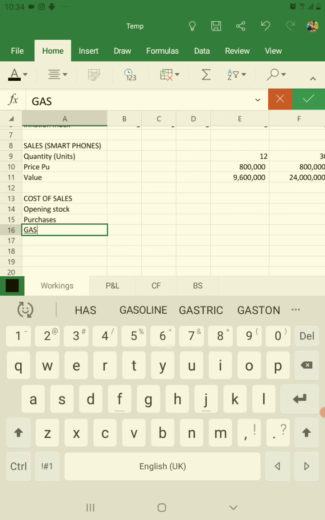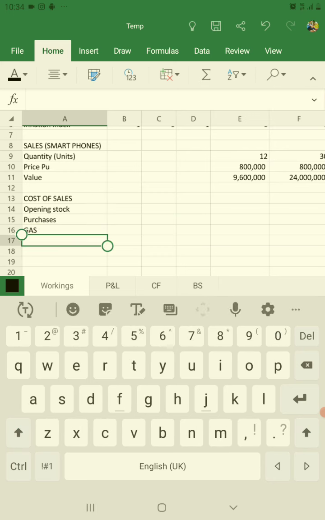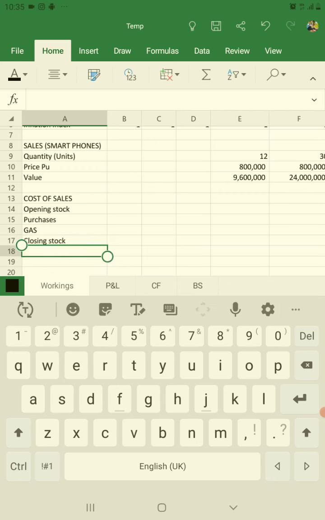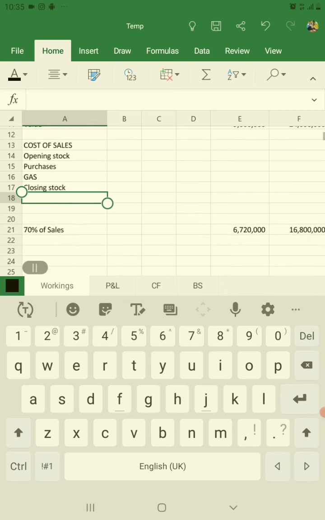And here I will put closing stock, and then after closing stock, my cost of goods sold, which is already here. This one is computed by taking 70% of sales. I leave this as it is.